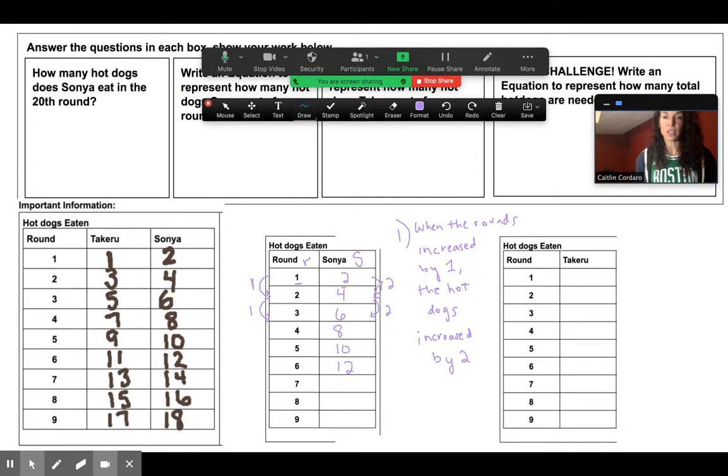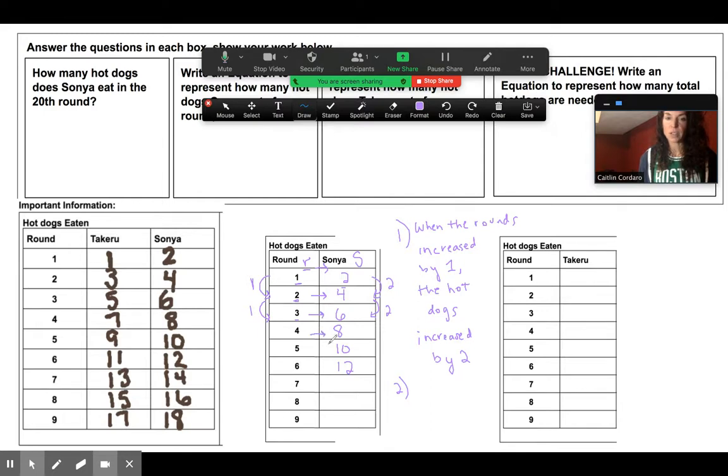Another way we could look at this table is to think about what happened to the R to get the S. So this is where our equation came in. What did we do to the R to get to the S? What is the relationship? For every R, we did what?